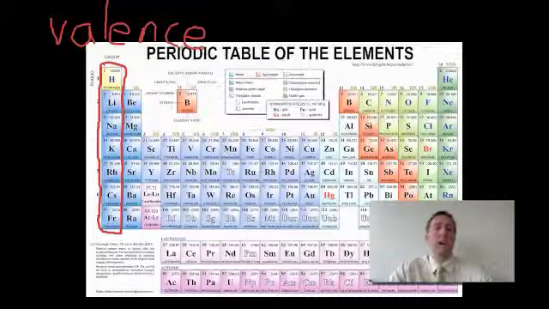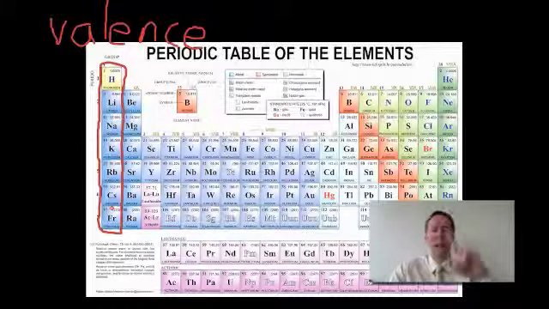So those ones in the most outer shell are called the valence electrons. And all of these atoms, hydrogen and lithium and sodium and potassium, rubidium, cesium, francium, all of these elements have all got 1 electron in their most outer shell.